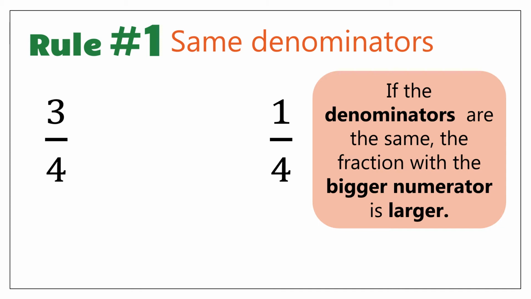As you can see in our example, we have the same denominator, which is 4 and 4. Now, look at the bigger numerator, that's the larger value. So here, the bigger numerator is 3.